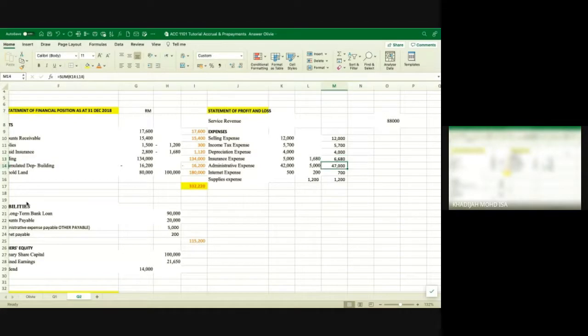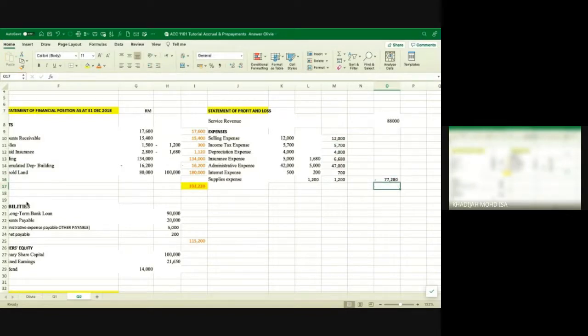Admin increase to 47,000. Internet expense also increases, and now I have supplies expense. So what I do is that I will just need the sum, but remember that revenue minus expenses, so I can have negative sum of all this. Right, then I have total expenses is 77,280.